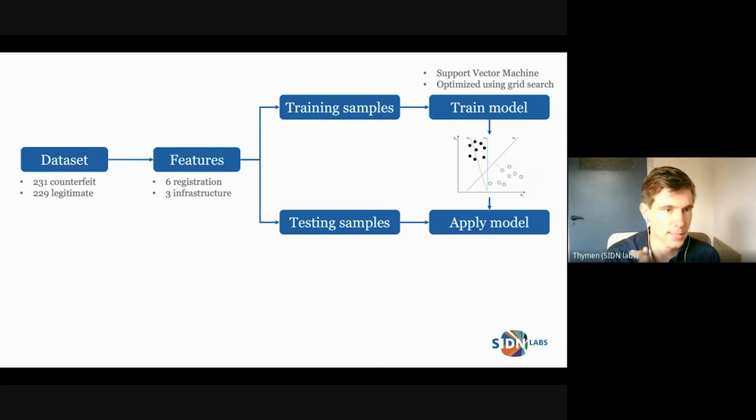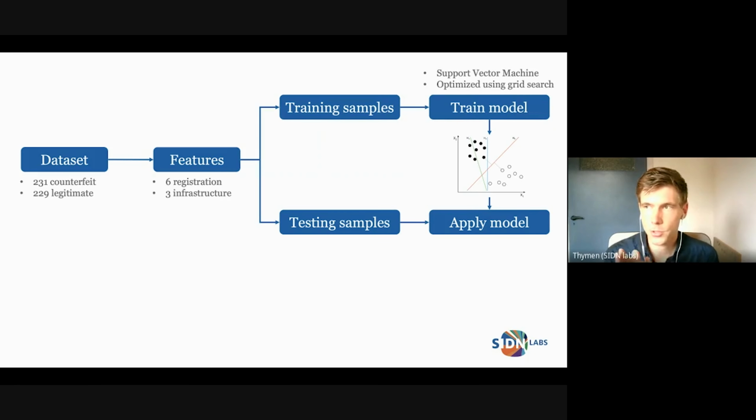We have this data set, the counterfeit domain names that were reported, and we also sampled an equal amount of legitimate domain names. Then we came up with a couple of features. We used only features related to the registration, for example, the email provider that the registrant used, or the hour of registration.